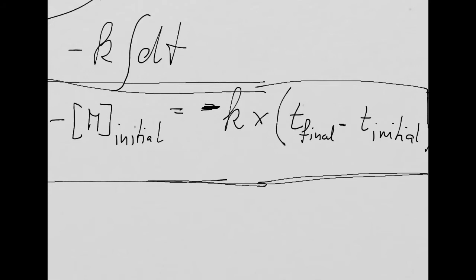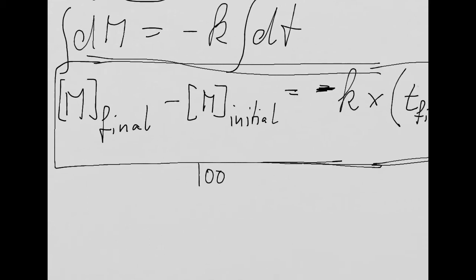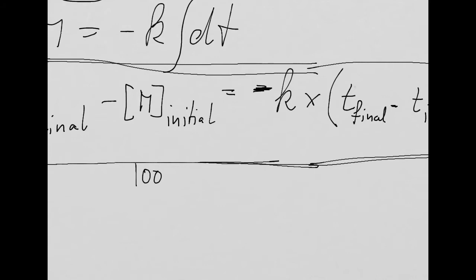So we could, for example, calculate how many Maltesers we have got left after 6 minutes. So M final, that is what we are looking for. That is the number of Maltesers. M initial was 100 Maltesers. k was 10 Maltesers per 2 minutes.